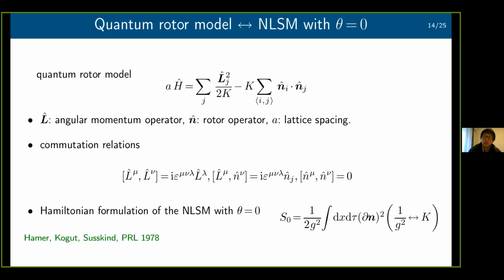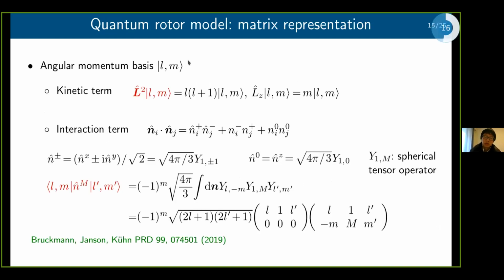Although this is a well-defined model, you cannot use it directly in tensor network simulations because it consists of continuous degrees of freedom. So to enable tensor network simulations, we have to find a discretized basis for this quantum rotor model and then find its matrix representation.